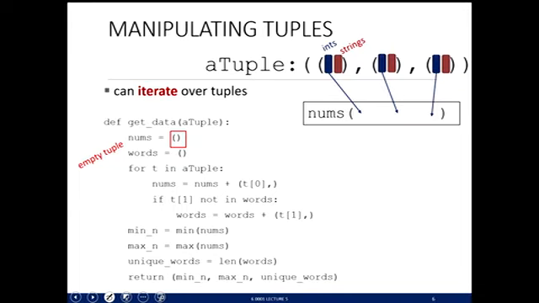And each time through the loop, I'm looking at what the previous value of nums was. So what was my previous tuple? And I'm going to add it with this singleton tuple. So it's a tuple of one character, or one element.